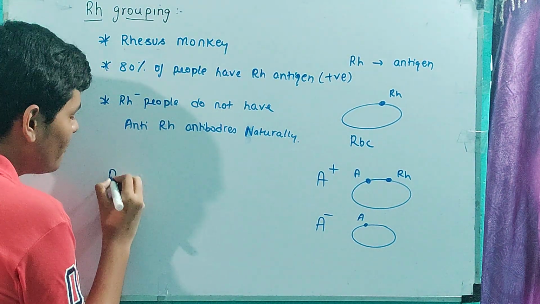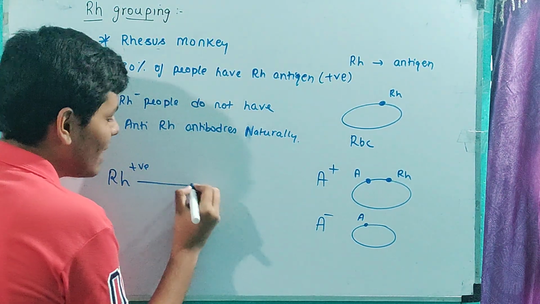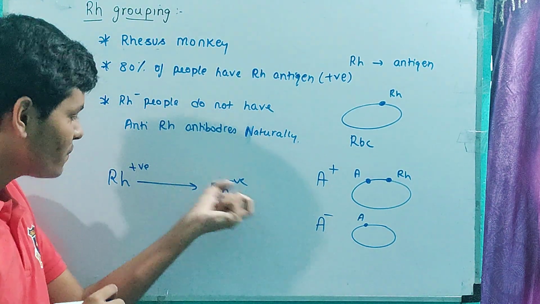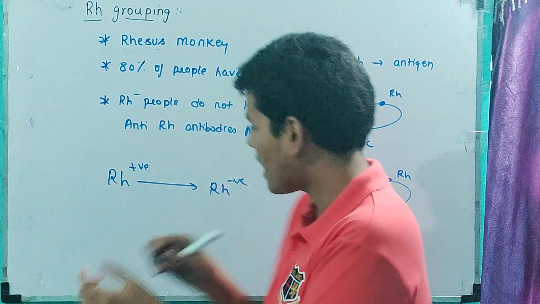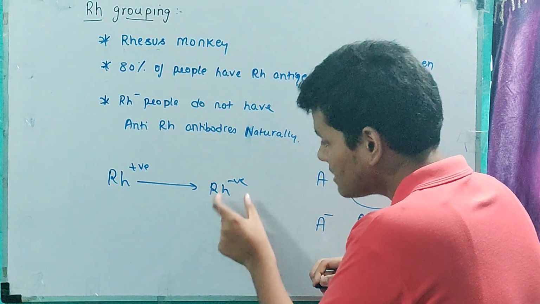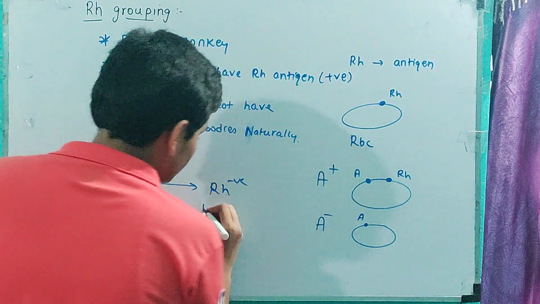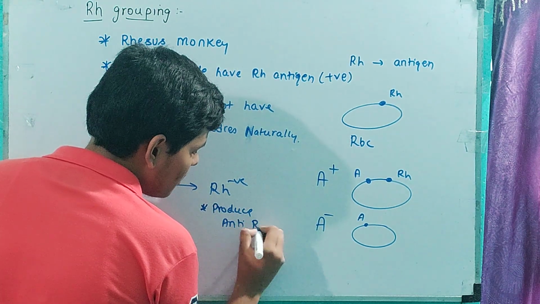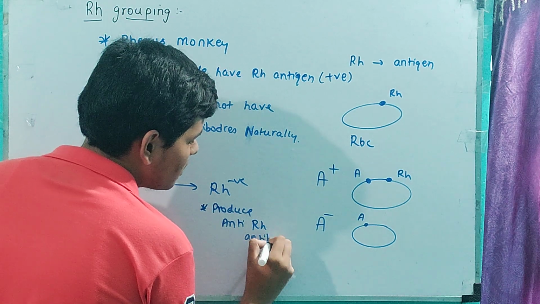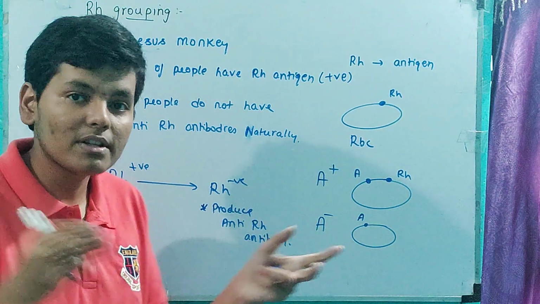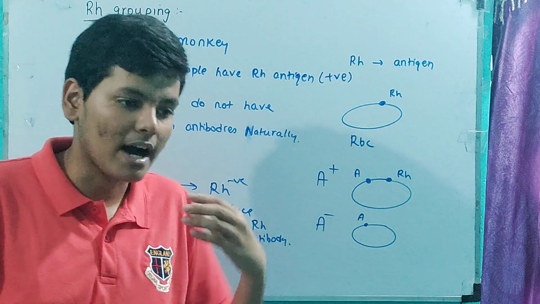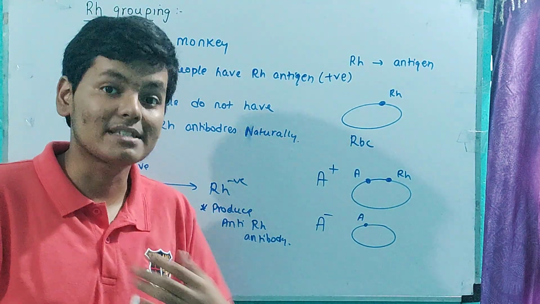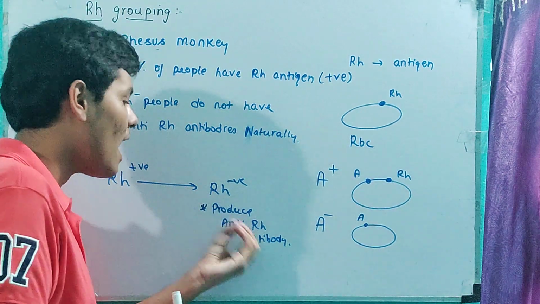If we transfuse the blood of an RH positive individual to an RH negative individual, then this RH negative person will produce anti-RH. So only after the transfusion, if by any chance the RH negative individual gets the blood of RH positive, then the RH negative individual will start preparing antibodies against the RH antigen.